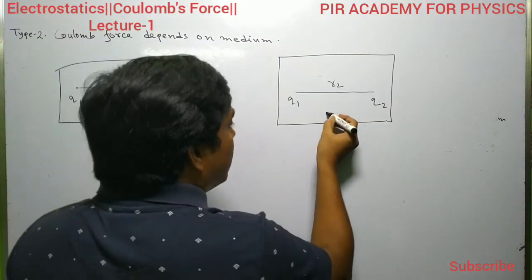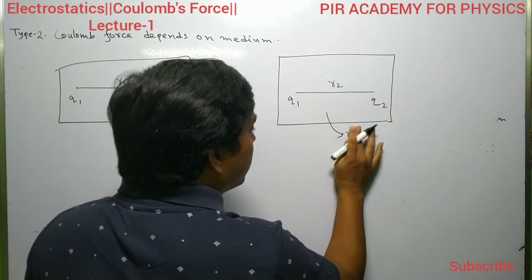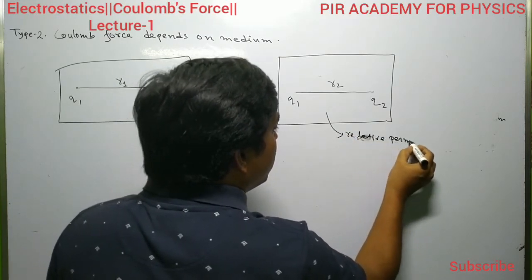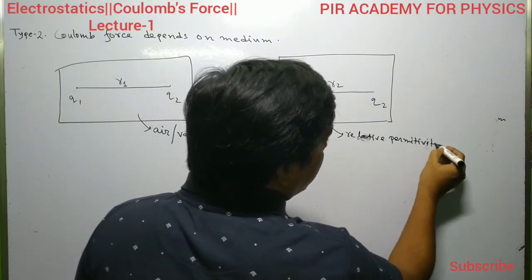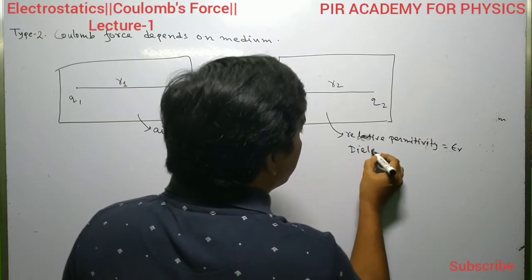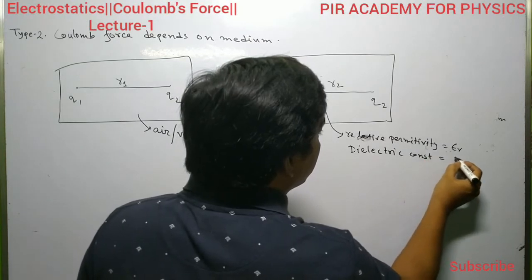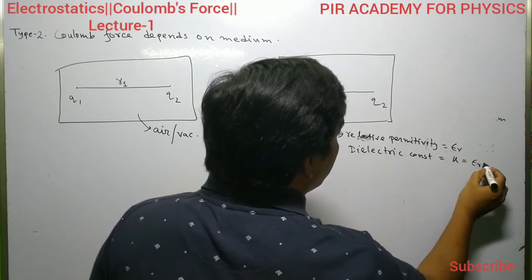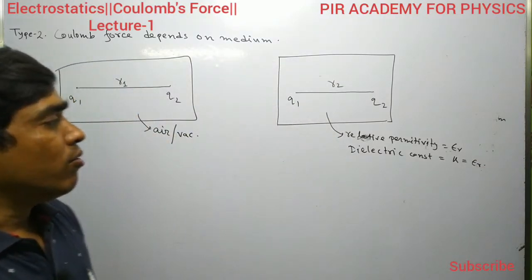now the relative permittivity is epsilon R or the dielectric constant is K, and here K equals epsilon R. So relative permittivity equals dielectric constant.